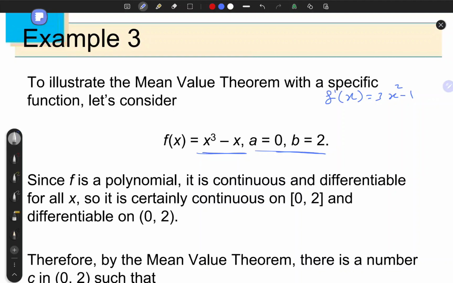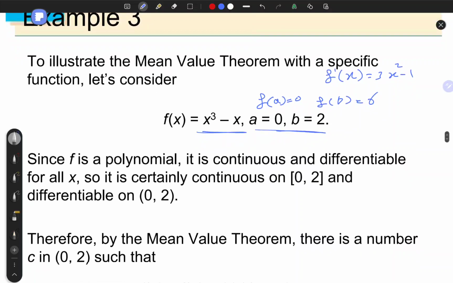So f of 0 equals 0, or let's say f of a equals 0, and f of b equals 2 cubed minus 2, which is 6.